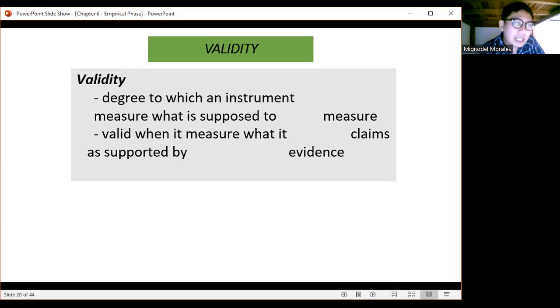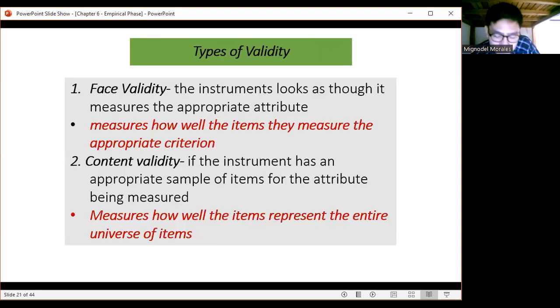So after reliability, we have validity. In validity, it's the degree to which an instrument measures what it is supposed to measure. Valid when it measures what it claims, as supported by evidence. So we have different types of validity. Okay, number one is face validity.